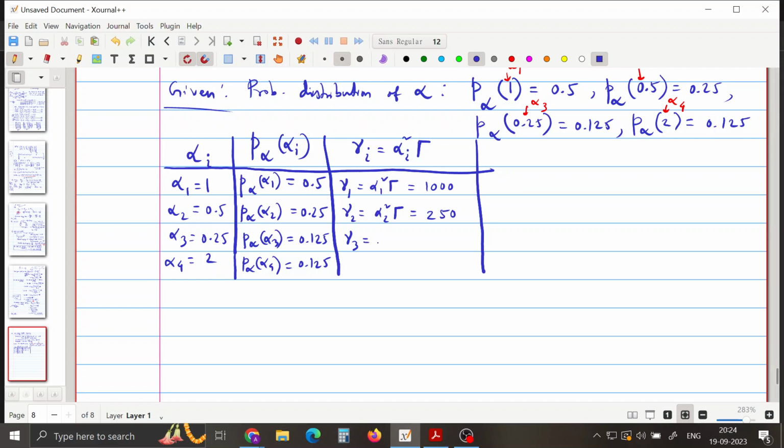Similarly, gamma 3 and gamma 4, which is 4000.